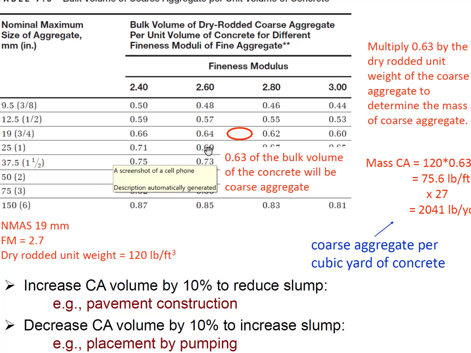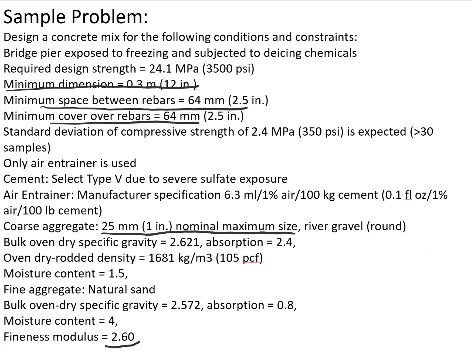0.69. And then this 0.69 should be times the dry rounded unit weight, and then times 27 to get how much pound of coarse aggregates per cubic yard of concrete. So from this table we get 0.69.